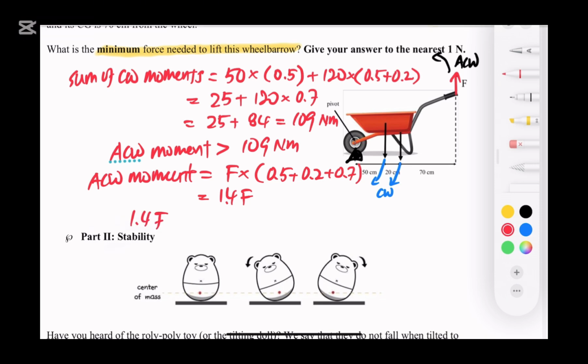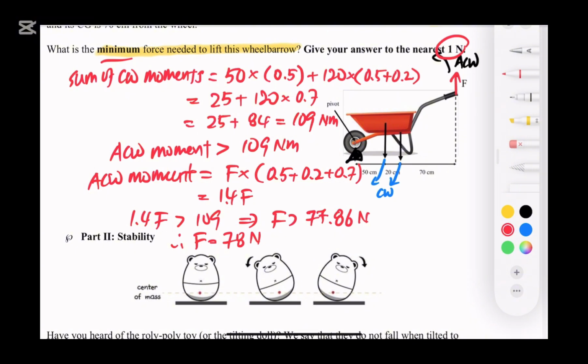Your 1.4 F must be greater than 109, which means the force must be greater than approximately 77.86 newtons. And they ask for the minimum force given to the nearest 1 newton. So therefore, my minimum force should be equal to 78 newtons.